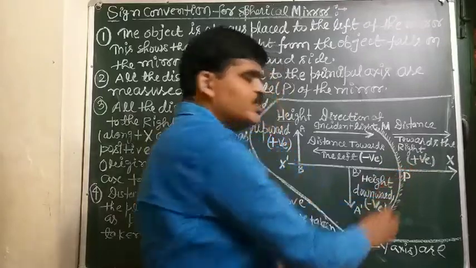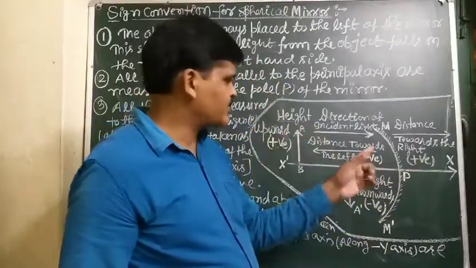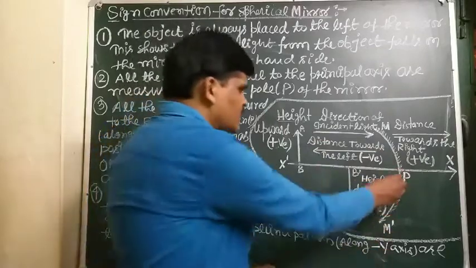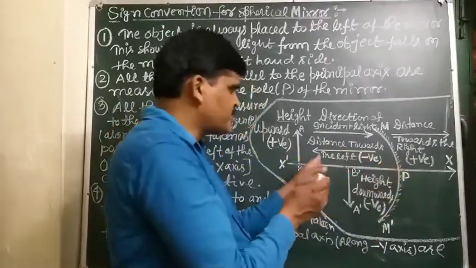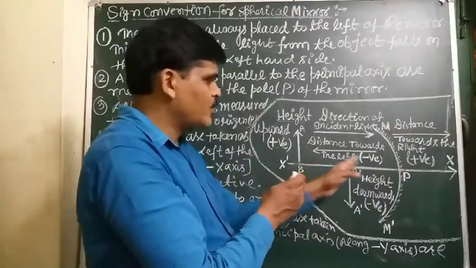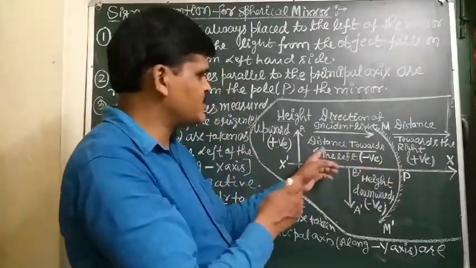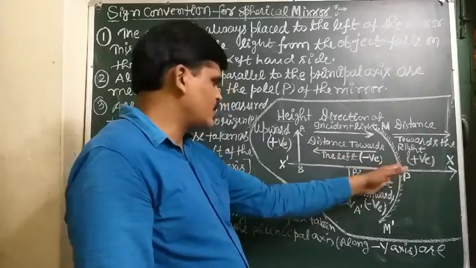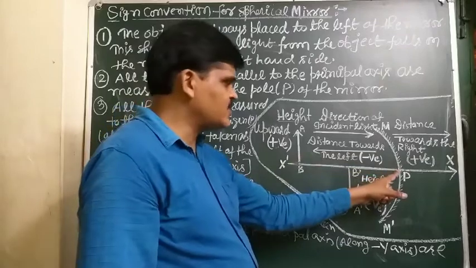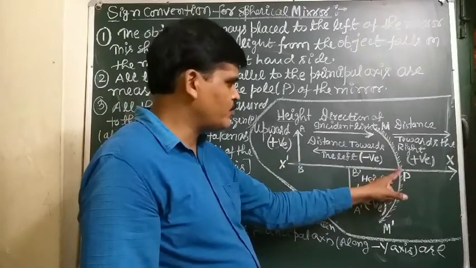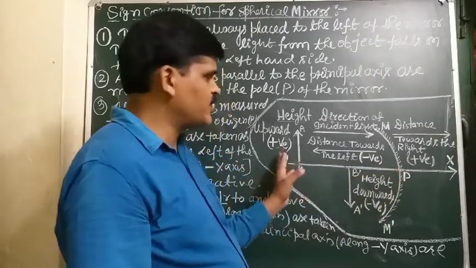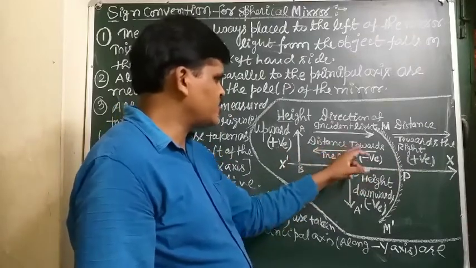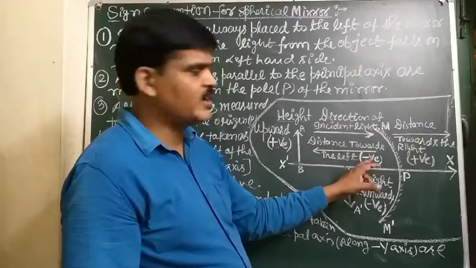The distances measured to the left side of the pole of a spherical mirror are taken to be negative. It means from right to left. So all the distances measured from the pole towards the left side of the mirror are taken to be negative.